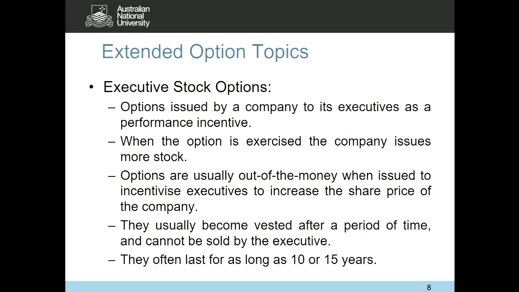So hopefully, those executives cannot exercise those options until 10 years from now, and this prevents them from doing very short-term things to mess up the company. And hopefully in 10 years' time, the share price is higher than $15, and the executive can exercise their options to buy shares at a much lower price, so they can still make a profit. So giving them executive stock options is kind of a strategy to align their interest while at the same time preventing them from doing very short-term things.